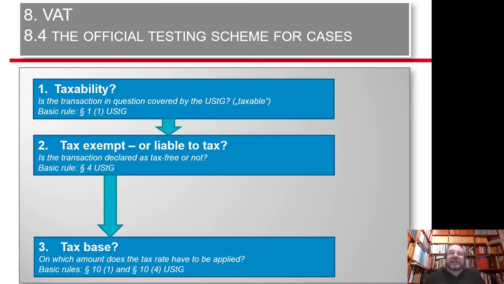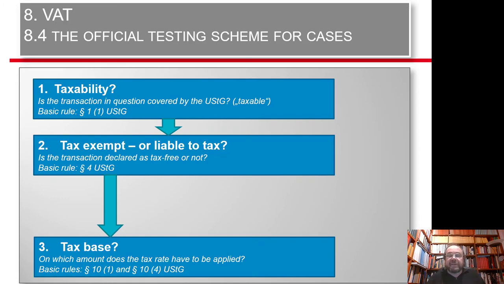Imagine you have erected a factory building and paid 20 million plus 4 million VAT, and you could recover it as input tax. But now the products which you produced this year in December only were, let's say, tax-free.